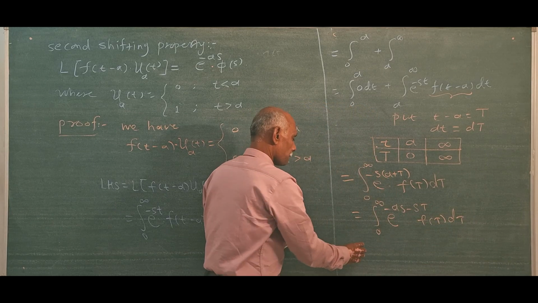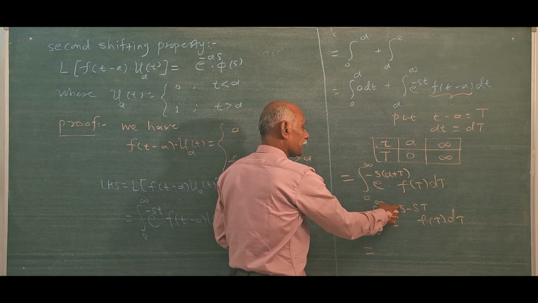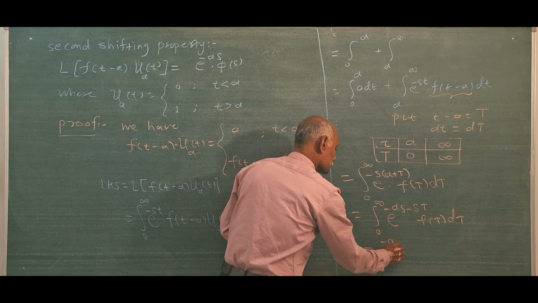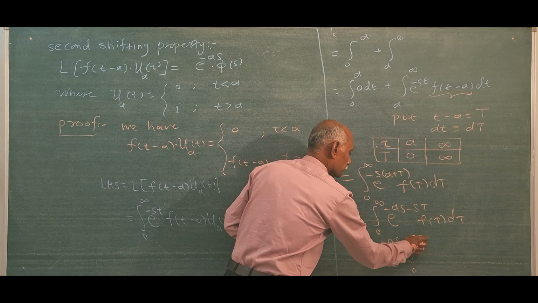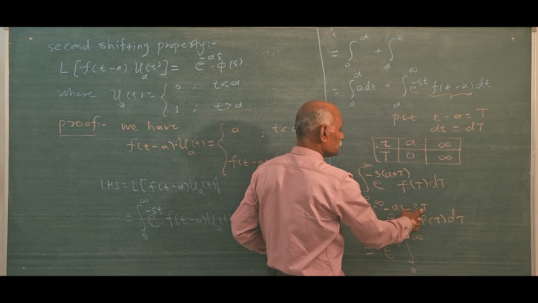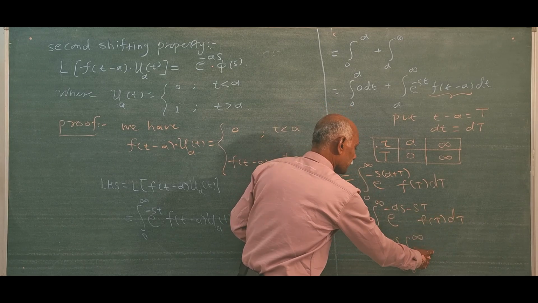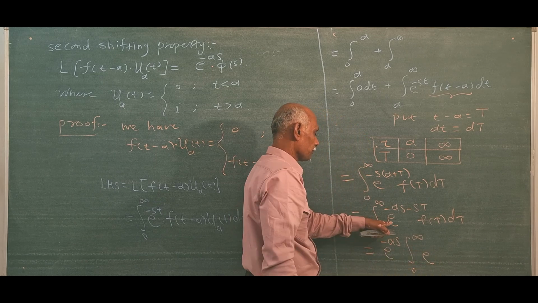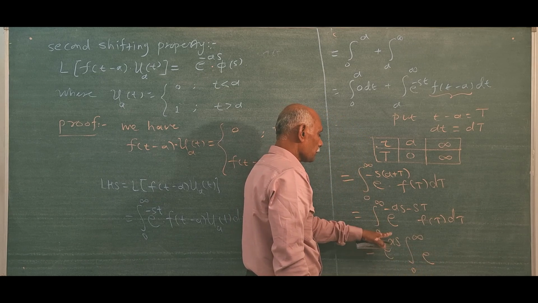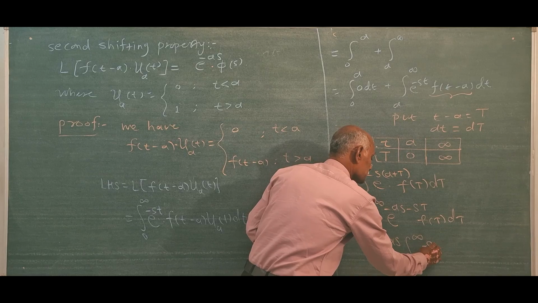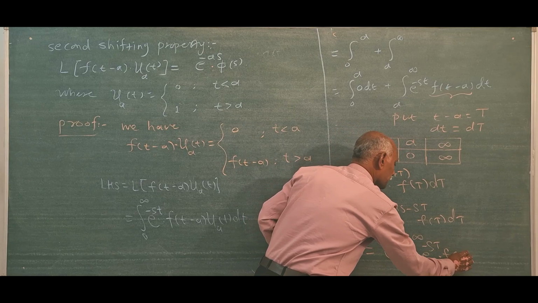Now this e^(−as) we can take common because it is constant. But the rest is not constant because the integration is with respect to capital T. So what we get inside the bracket is e to the power minus s T and then f(T) dT.